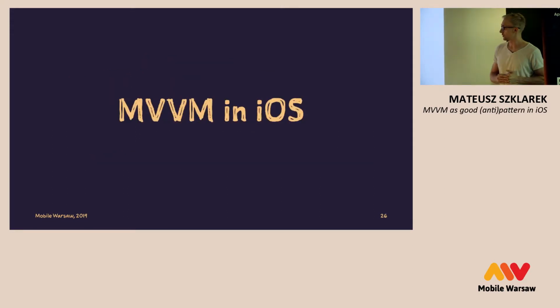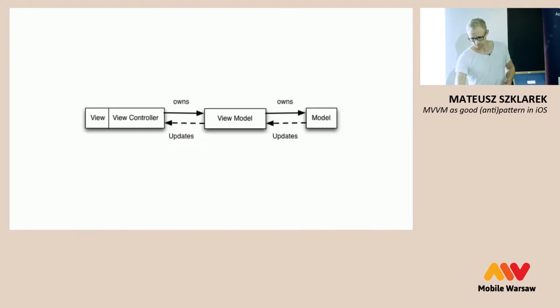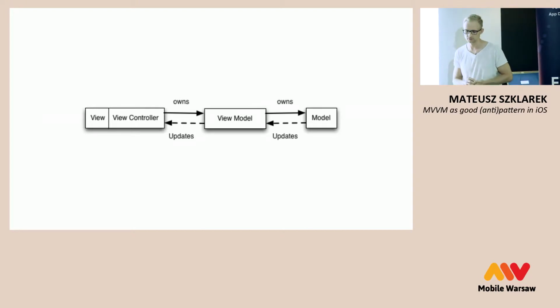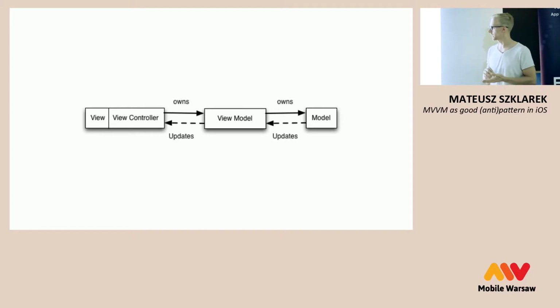Okay, let's dive into MVVM in iOS. The main problem with it, and I saw it in all implementations in different projects connected with MVVM, is that we pass all delegation actions and tap gestures from our view controller to the view model, do something with it, for example a network call, and after that we need to get back to our view controller and do some logic.